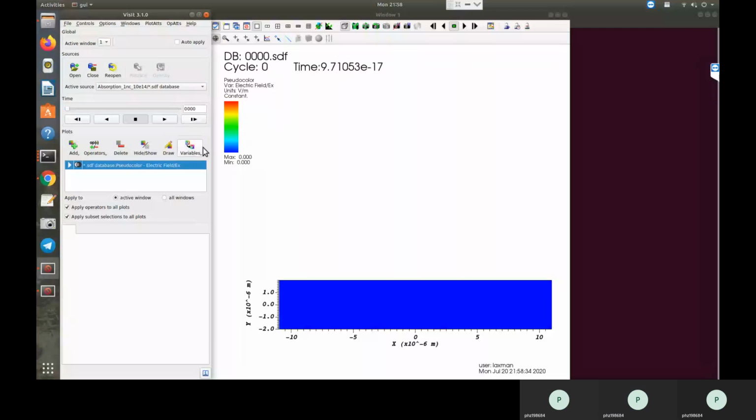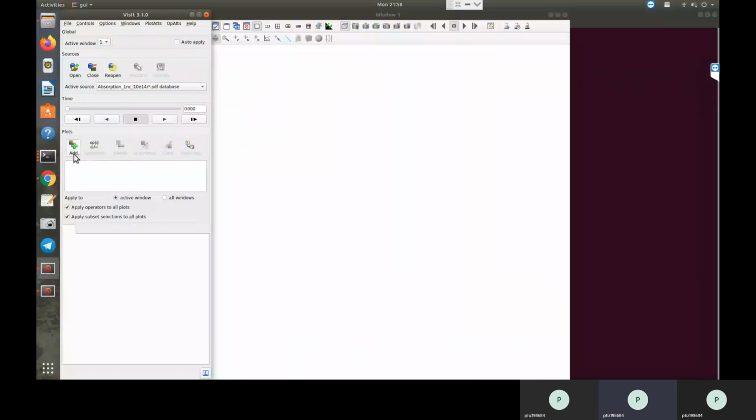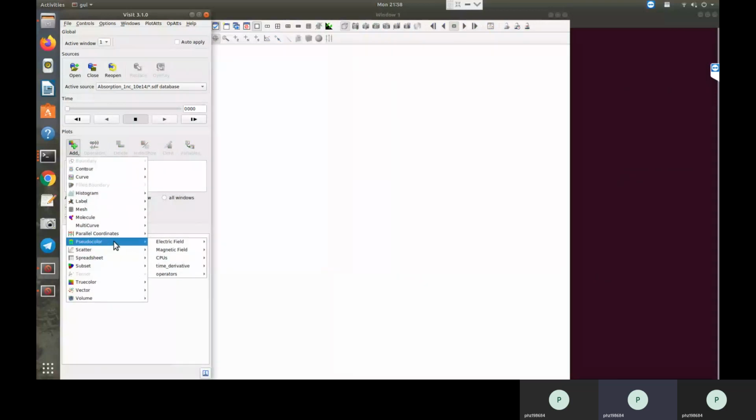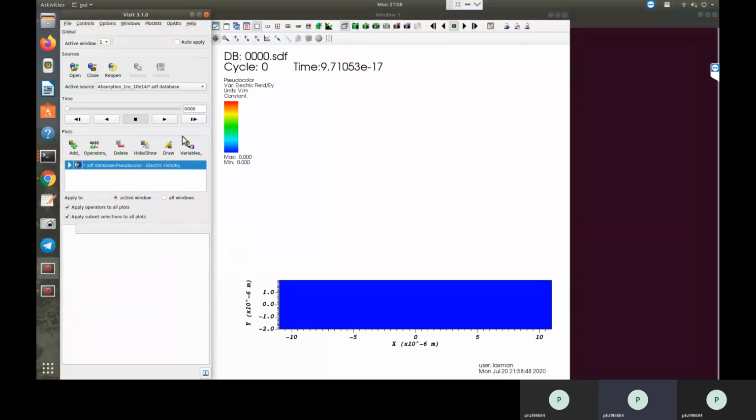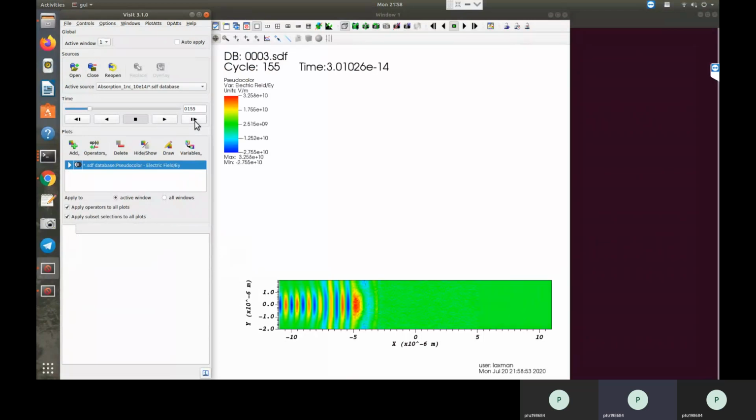Now see the other component, that is the Ey component. As the density is equal to the critical density, there will be reflection. You can see that now the wave is getting reflected.